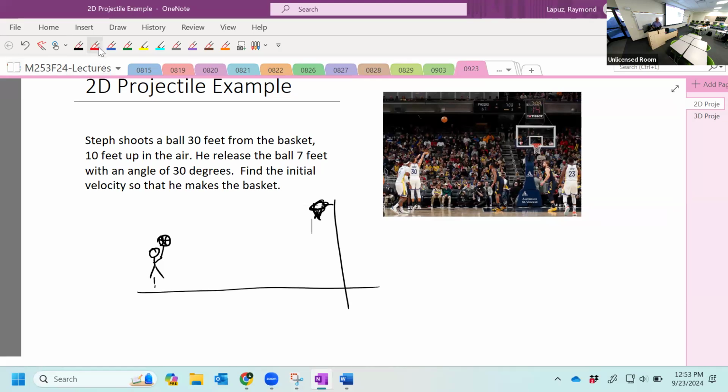And then let's identify some of the stuff that's given to us. We have, this is 10 feet. We are 30 feet away. Usually these things aren't drawn to scale, so that makes it even more important for you to be able to label. This is 7 feet.